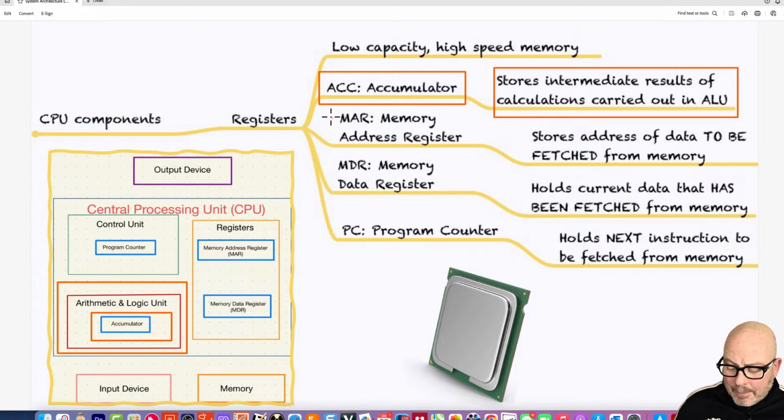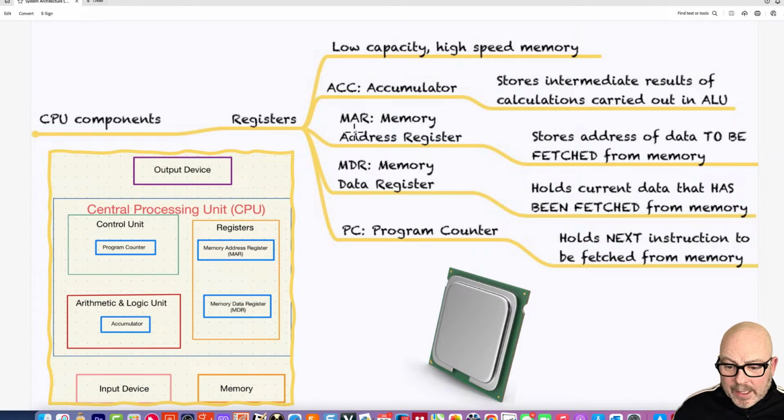Okay, then we've got the MAR. The giveaway with the MAR is this letter A. And this comes to our next idea, that within this architecture and within the CPU, the addresses and the data are treated differently. Think about it like posting a parcel. You need to know where the parcel's going, that is, the address. But you need to also have the parcel itself, that's the data, okay?